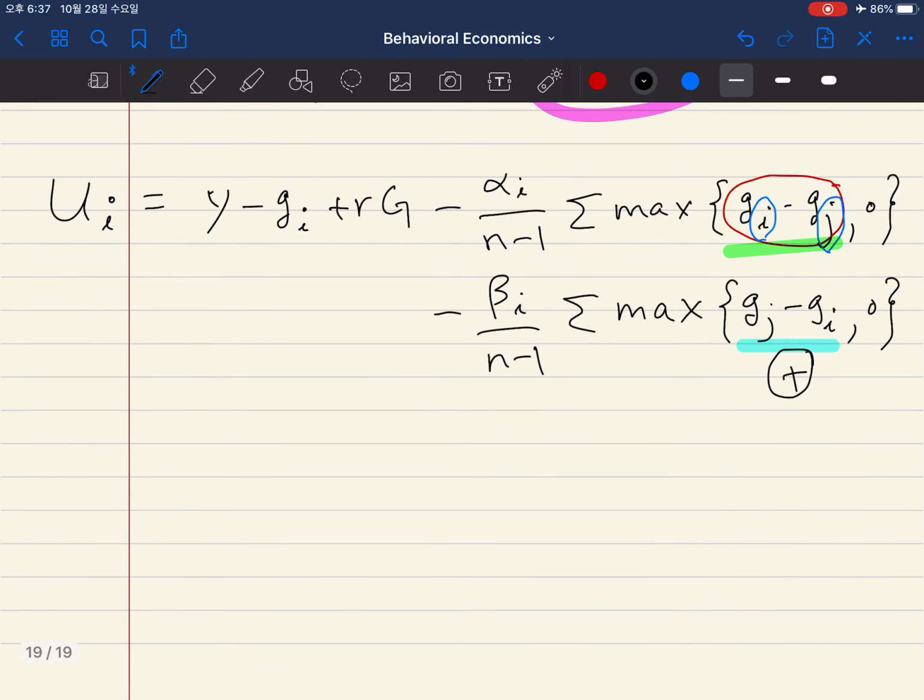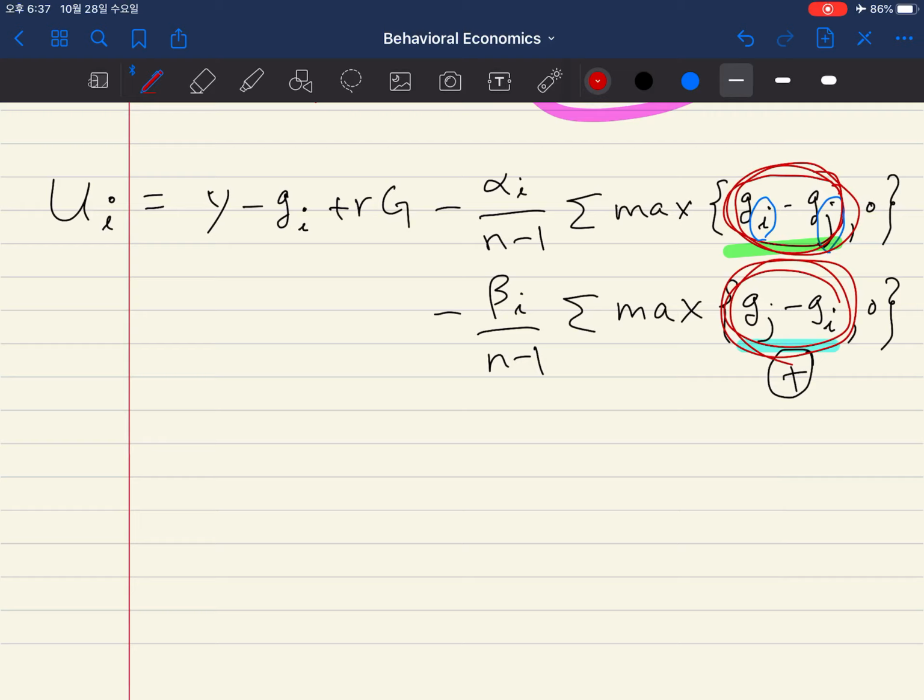So in this public good game, when we apply the tools from FS model, now we can see the source of inequality comes from this difference between expenditure for public good across individuals.